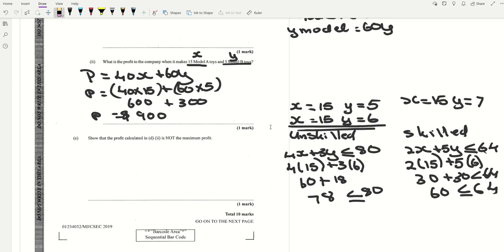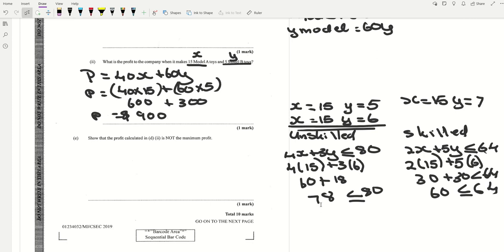So you would use a little bit of calculation on your calculator and just play along with these numbers. If x equals 15 and y equals 6, put it in both equations for skilled and unskilled and see if you are getting a lower number of hours than what they are working.